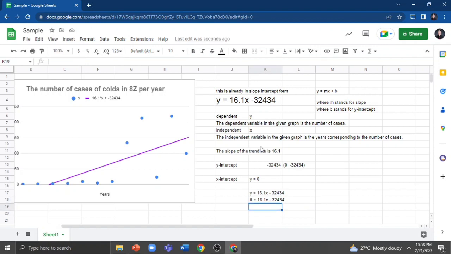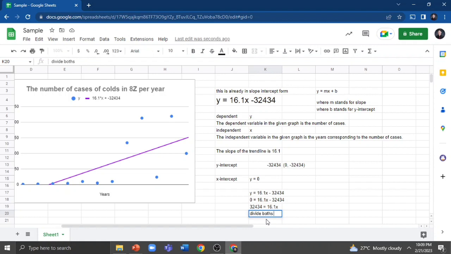So what I did here again is you could either do transposition, or you may use the property of equality, where you will add 32434 to both sides to cancel the one on the right and put it on the left side. After that, divide both sides by the numerical coefficient of x to isolate the variable. So in here, we will divide both sides by 16.1.